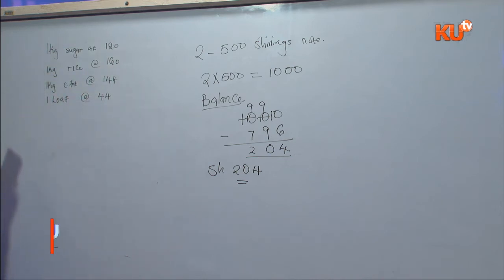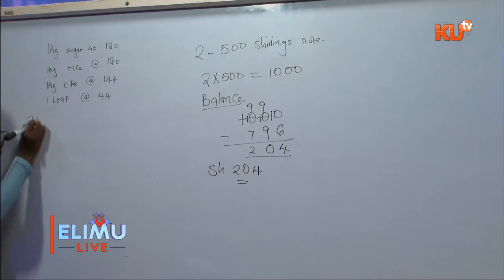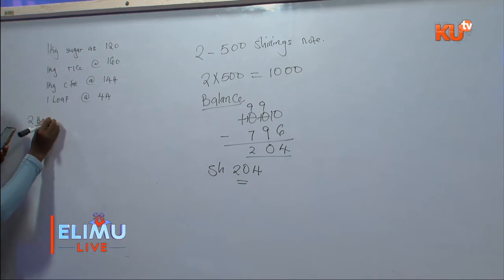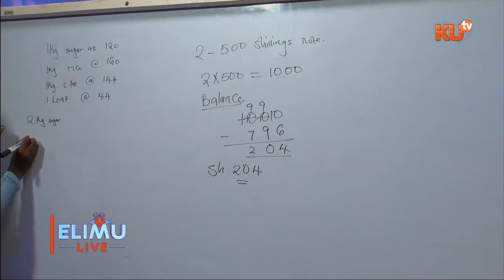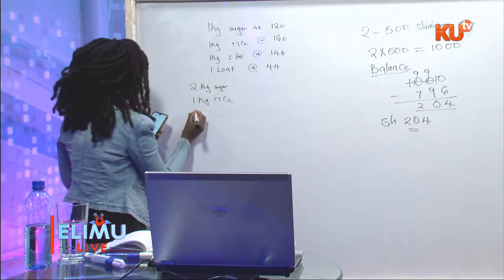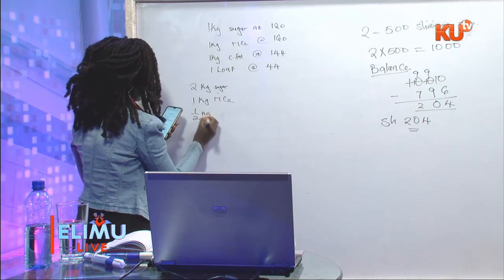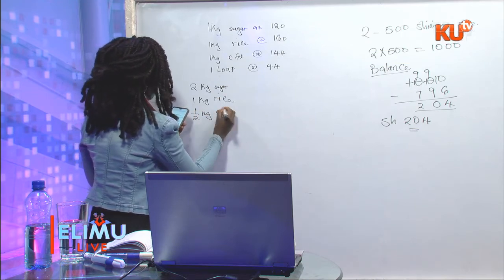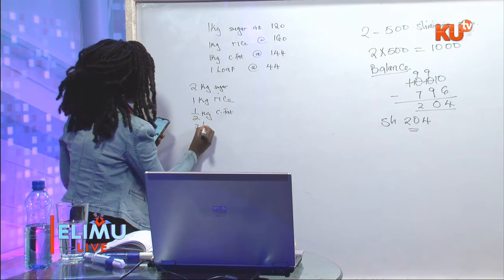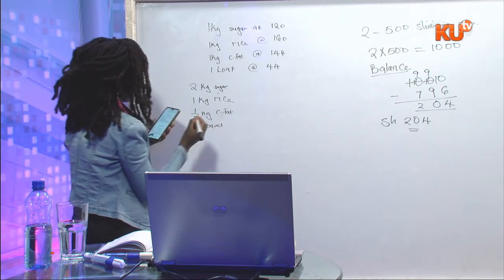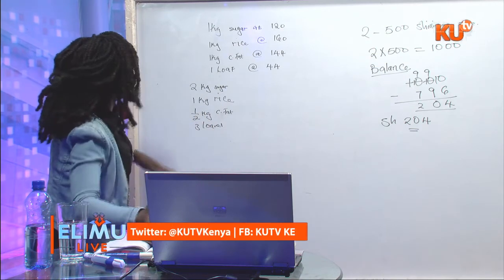And then you're told that this person, Subira, bought 2 kg of sugar and then bought a kg of rice. She bought a half kg of cooking fat and also 3 loaves of bread. So we are preparing her bill.